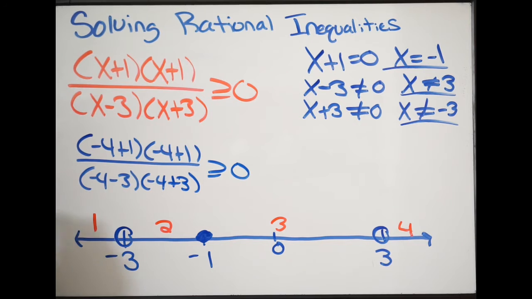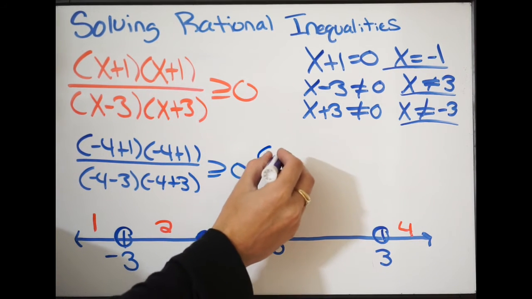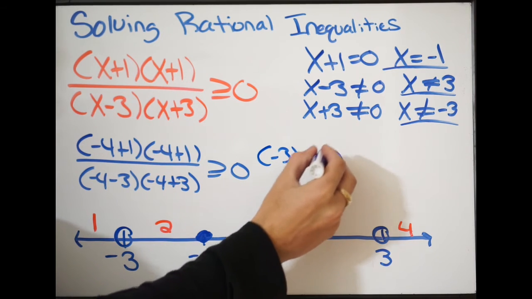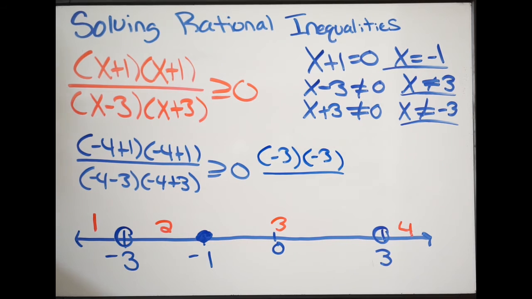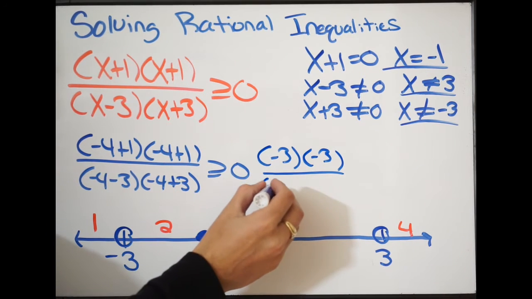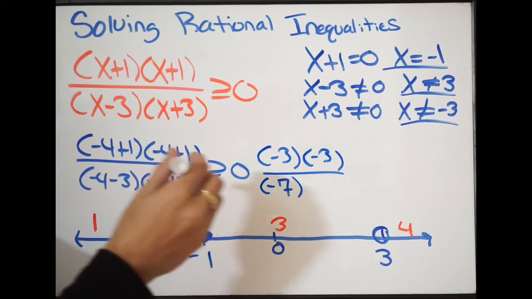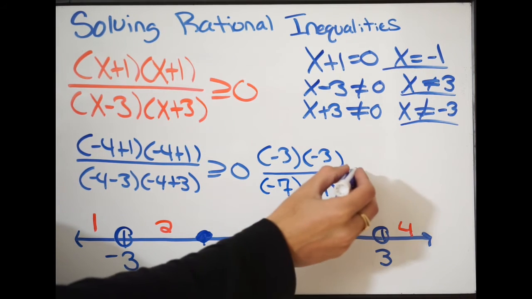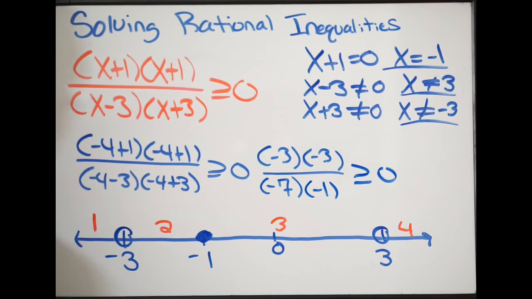Now we can go ahead and just simplify it down. So on our numerator here, we're going to get negative 3 times negative 3, right? On our denominator, we get negative 7, and then we get negative 1, right? And this is going to be greater than or equal to 0.